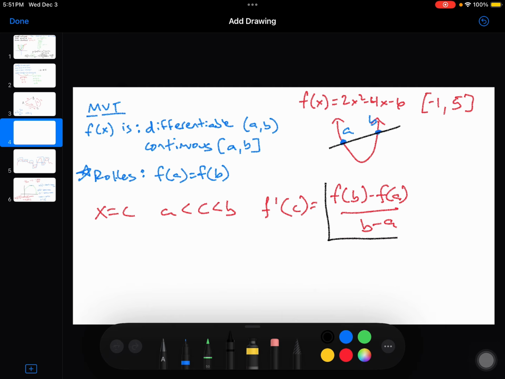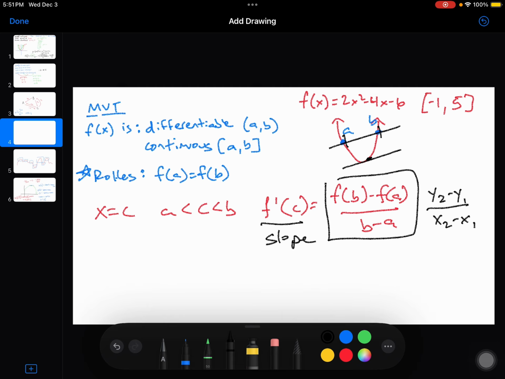This is really just y2 minus y1 divided by x2 minus x1 in different notation. Remember that the derivative is actually the slope. So what it's saying is there is some value c in between a and b where the slope at point c is equal to the slope between a and b.